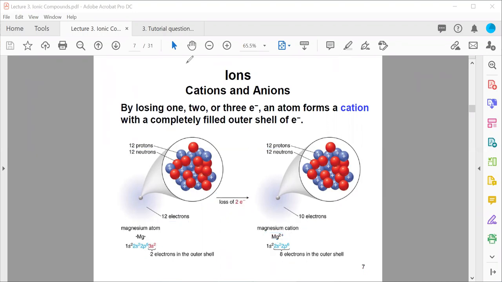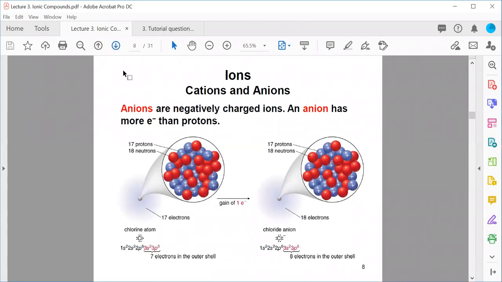Let's clear that and move on to our next example. All right, now we'll look at anions, which are negatively charged ions. An anion has more electrons than it does protons. The example here is chlorine.